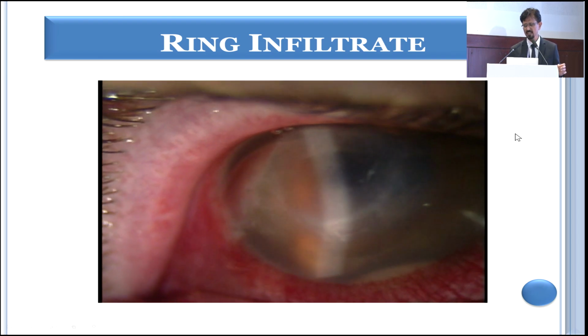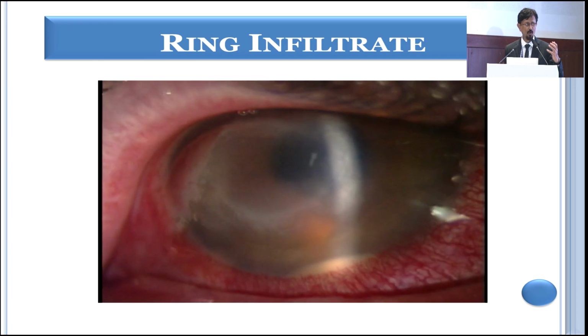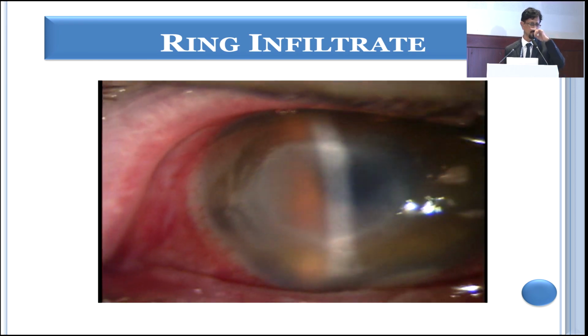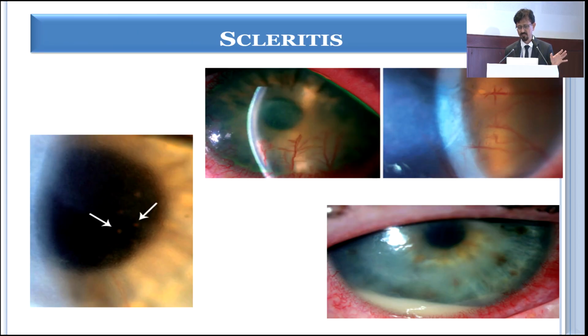In such a case, and that person is giving a history of contact lens use, or sleeping while wearing contact lens, or swimming while using contact lens, with this ring ulcer, you can suspect two things. One is acanthamoeba, one is Pseudomonas. If it is fast growing, rapidly progressing with surrounding edema, then it is Pseudomonas. And if it is slow progressing, then it is acanthamoeba. So these are the two important organisms that can be seen with these ring infiltrates.